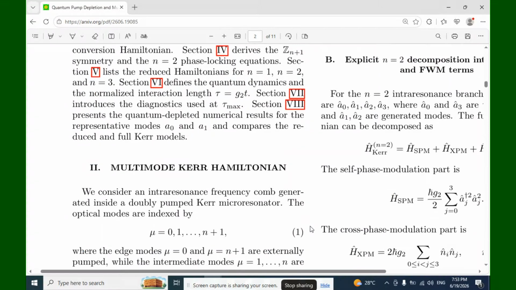We consider an inter-resonance frequency comb generated inside a doubly pumped Kerr microresonator.